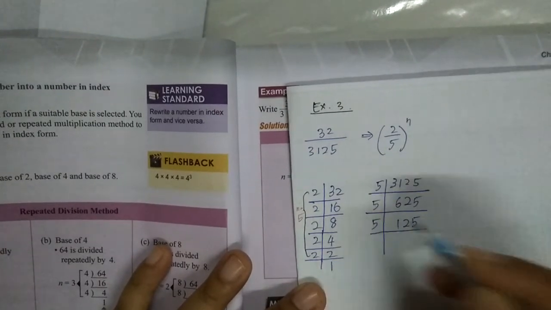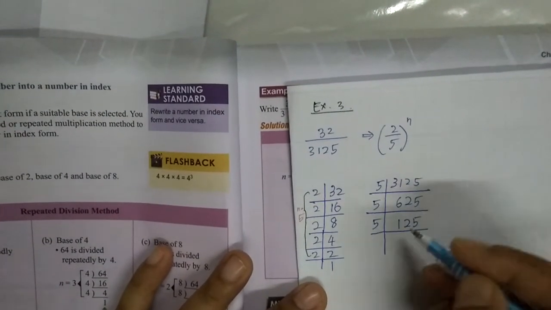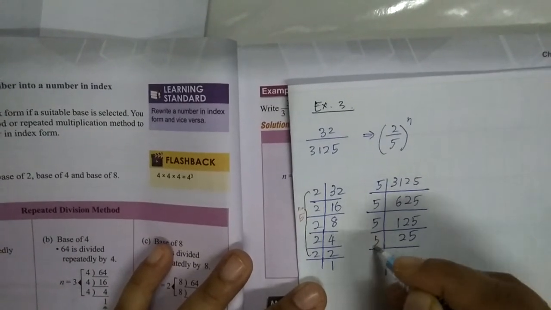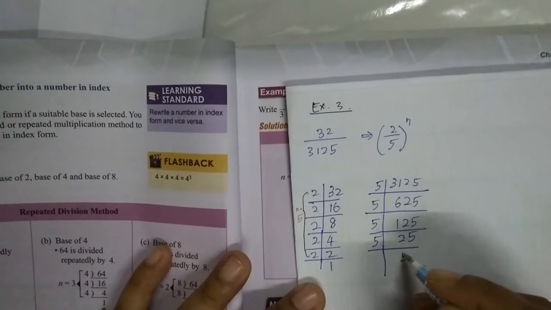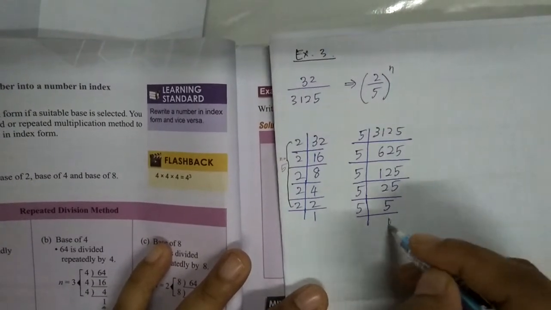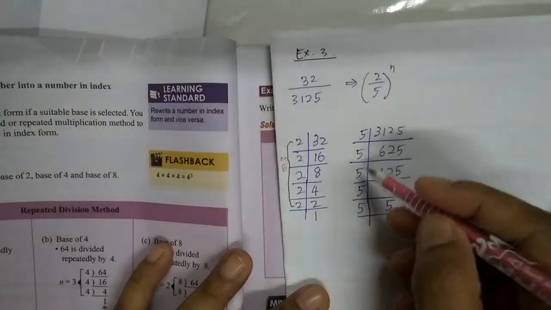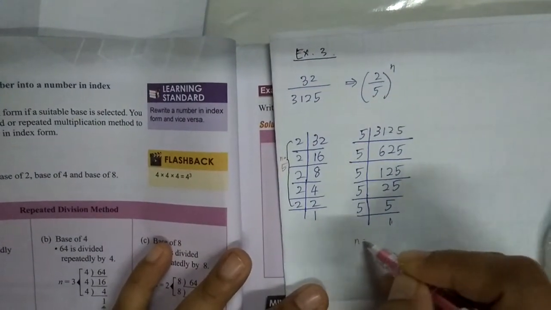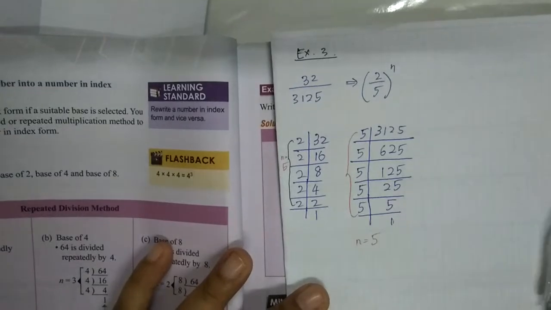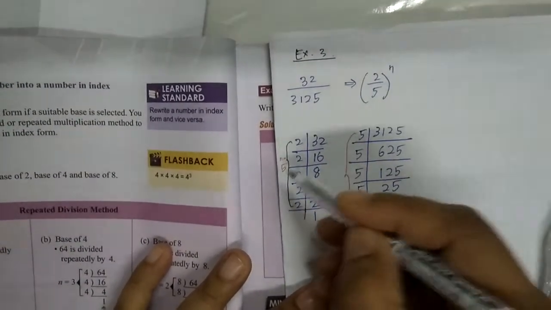Again, divide by 5, 25. Divide by 5, you get 5. 5 divided by 5, the answer is 1. So now, what is the value of n? Here, 1, 2, 3, 4, 5. 5 also. Okay, this is 5 and this is 5.